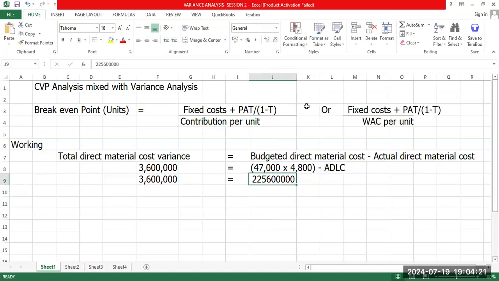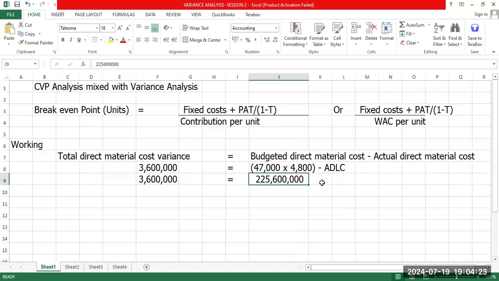Perfect. Then I'm going to subtract actual direct labor cost. So from this information, can you get your actuals?